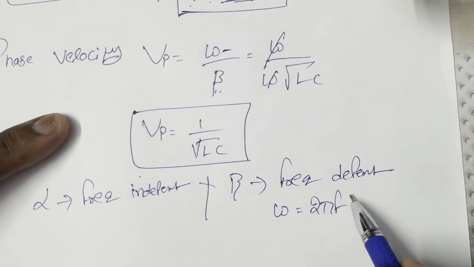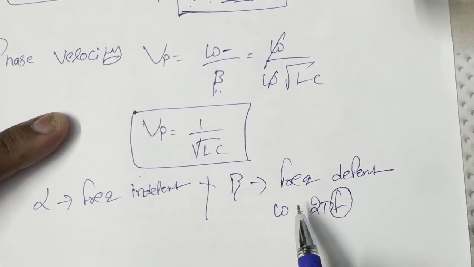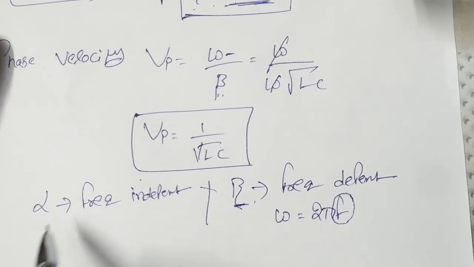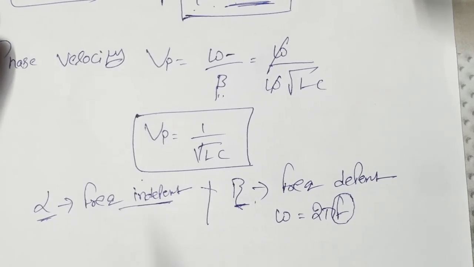There is a frequency term present. So beta is dependent on the frequency and alpha is independent of the frequency.